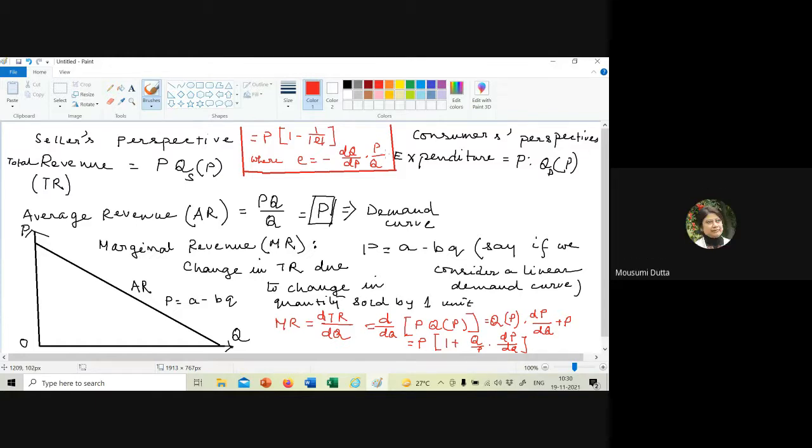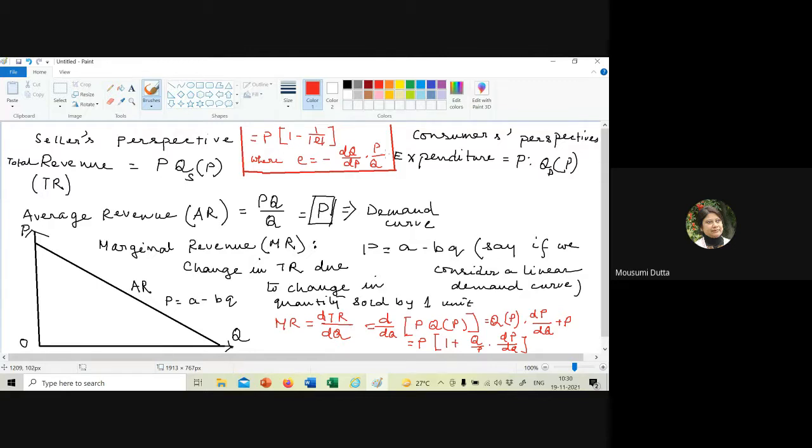If I look at the same thing from the seller's perspective, I have the idea of price elasticity of demand. With this idea, I can make some estimate about how much quantity I will be able to sell. This is the idea for the sellers.